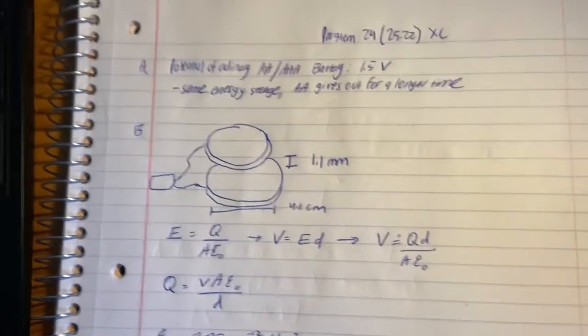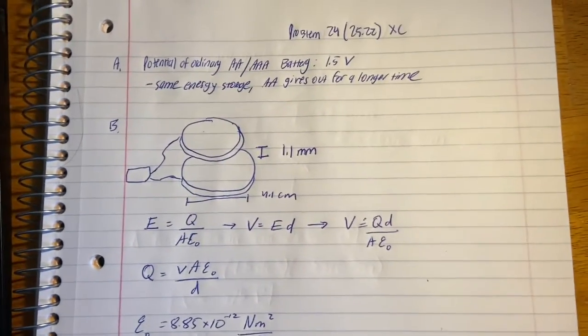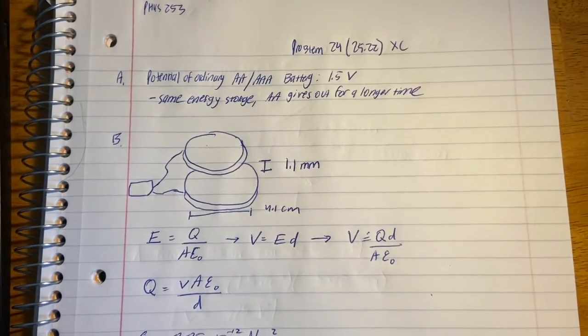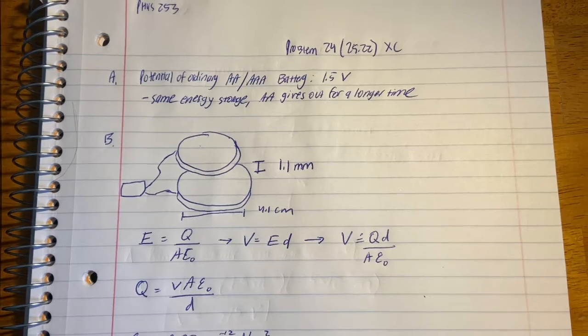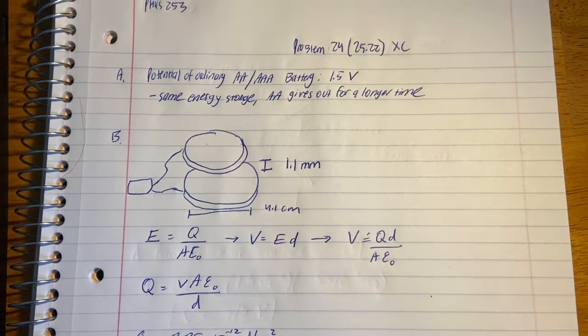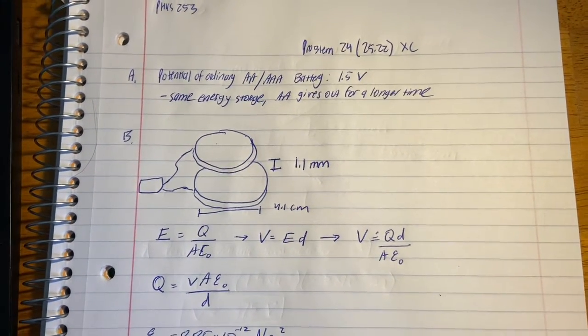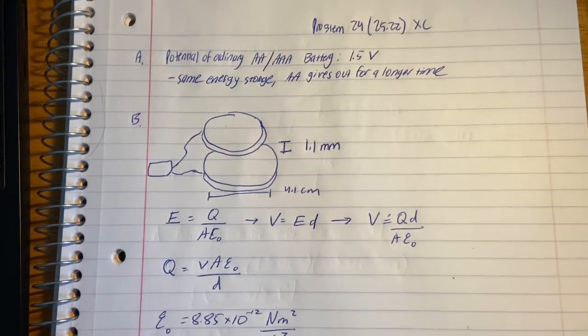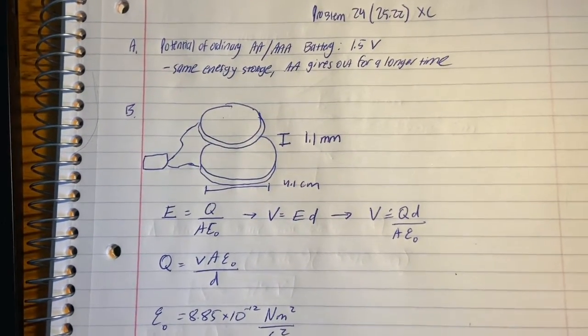So if we substitute that potential and rearrange for the charge, we can find out how much charge is given from the battery based on the potential of the battery in volts.